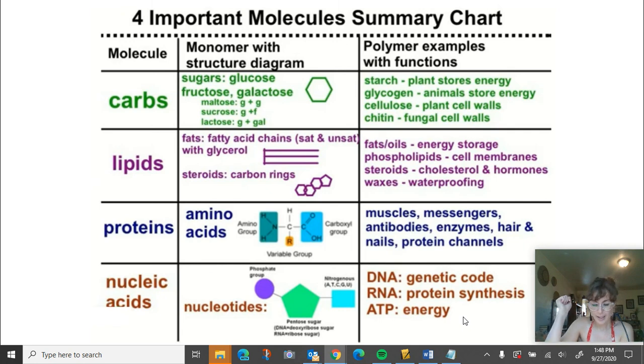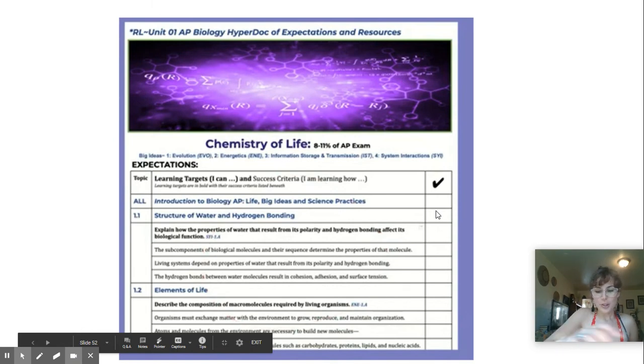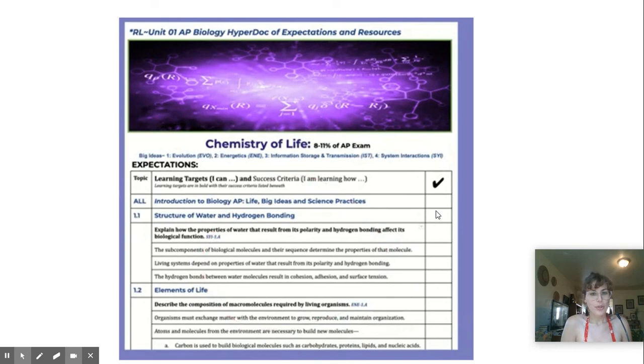And so the other key component is, like I mentioned, I want you to go back to your Unit 1 HyperDoc and start to go through those learning targets. At this point, we have covered the learning targets for Unit 1, and so now it's review time, baby. So I am really proud of you for getting through a unit with me.